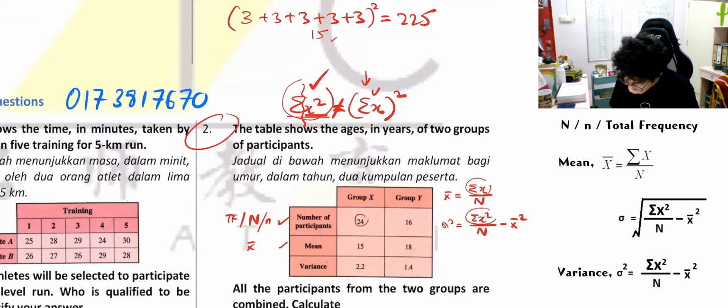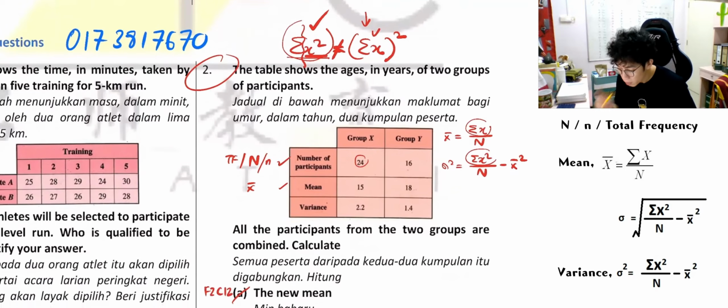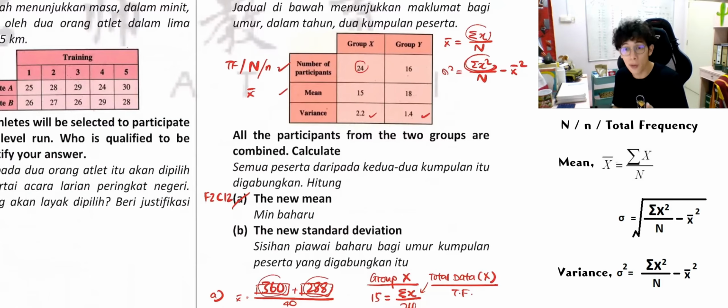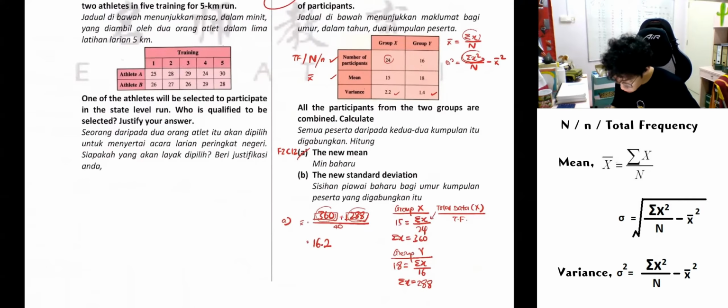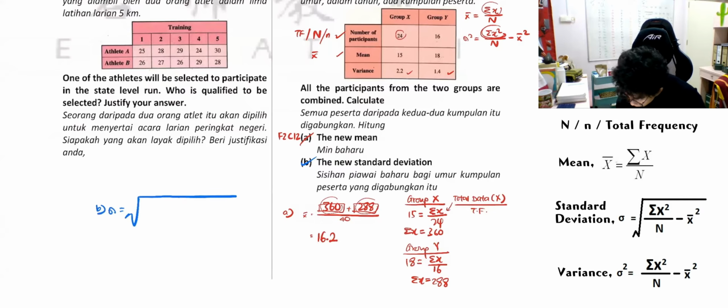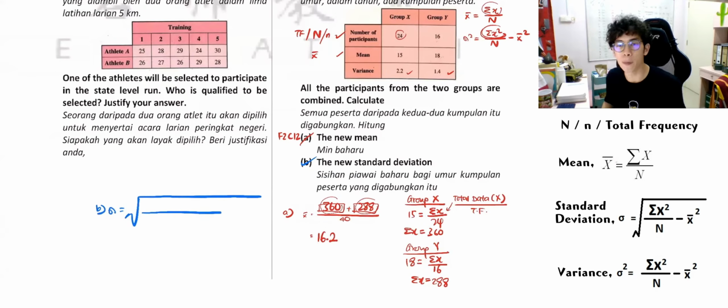So that's the thing. So how do I work this out? You cannot do this. In order to work this out, we have to use the variance. That's why they give you the variance. So I'll be using a different color to help out. I'm going to put B here. To get my new standard deviation, I'm going to put a big square root. And I know I have to divide by how many participants? Yes, we have to divide by 40.